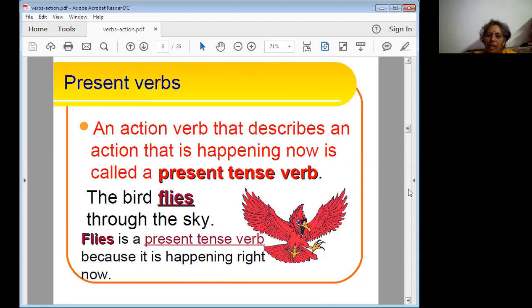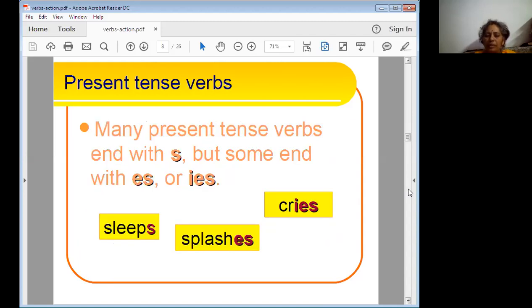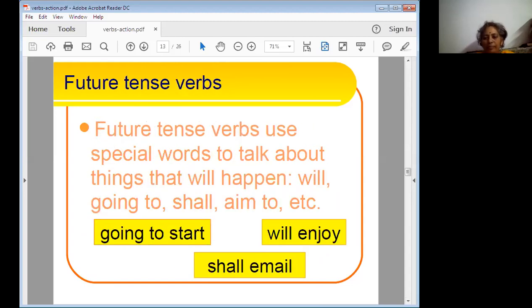Next, see. An action verb that describes an action happening now is called present tense. The bird flies to the sky. Here flies is a present tense verb because it is happening right now. Many present tense verbs end with s, but some end with es.